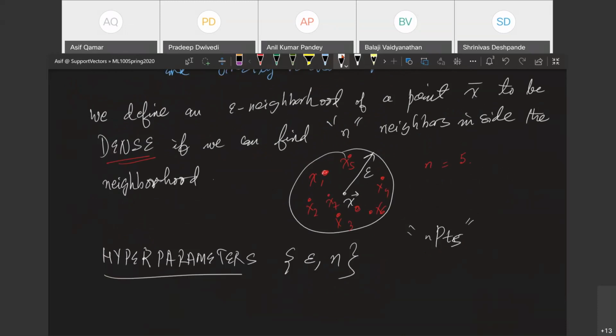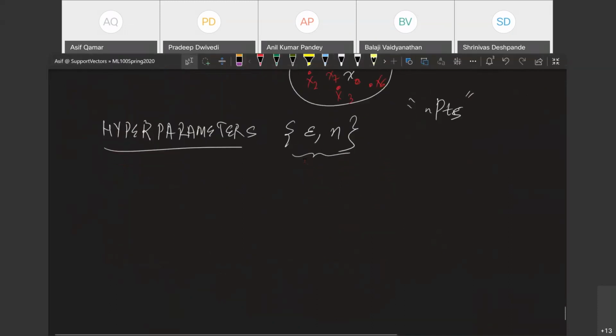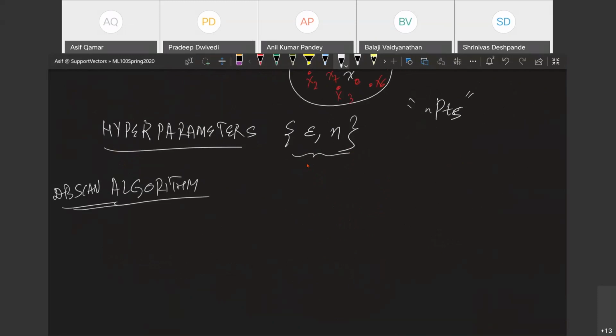Now, once you have chosen this, what can you do? The algorithm is this. Take an arbitrary point. Let's take the point xi.